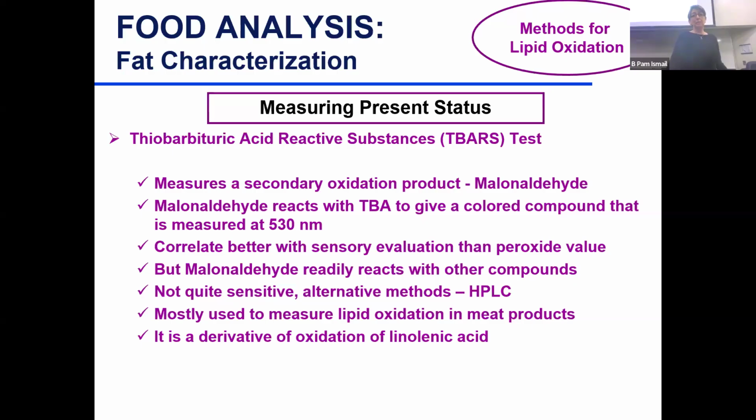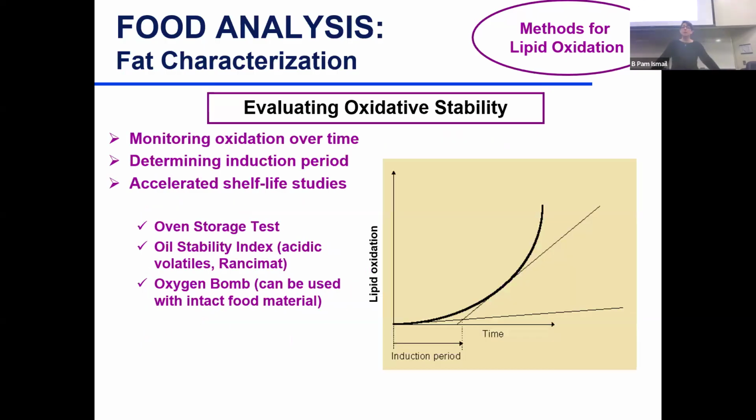Okay, the last bit here that I want to talk about is measuring oxidative stability. In food chemistry, I think Fernanda was talking about the kinetics of the reaction and how to determine shelf life. Sometimes you have a really long shelf life, and it's very tedious to determine it under normal conditions, normal atmospheric pressure and regular temperature.